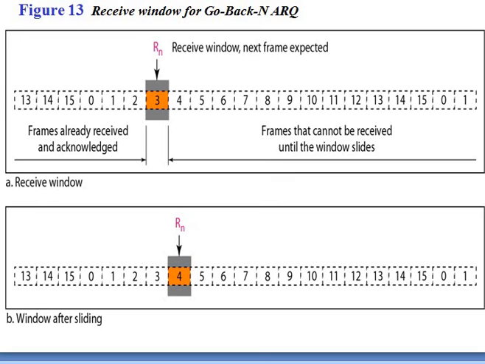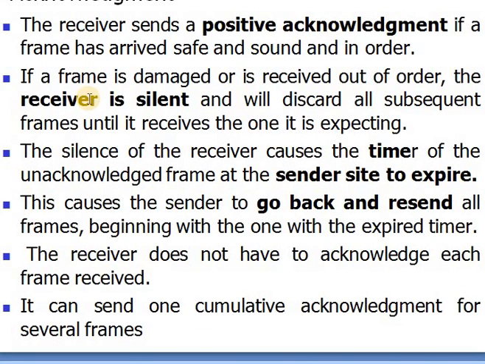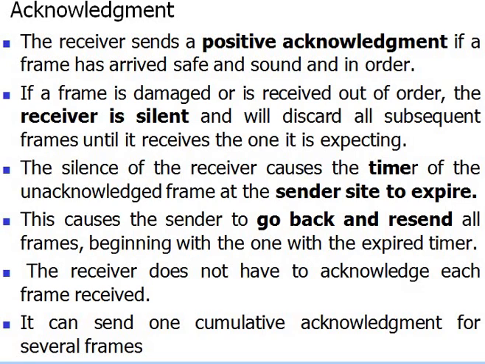That is shown in this diagram: the receive window for Go-Back-N ARQ, the receive window as well as the window after sliding. Acknowledgement: the receiver sends a positive acknowledgement if a frame has arrived safe and sound and in order.